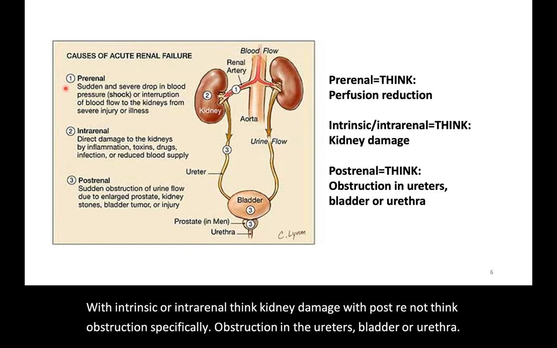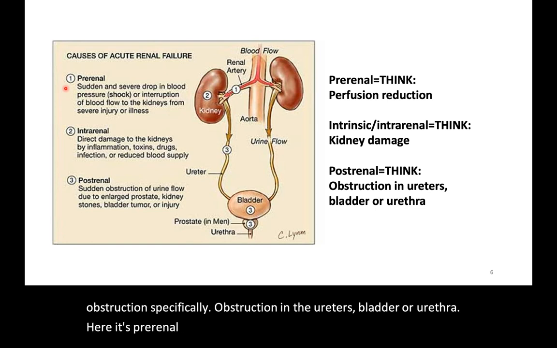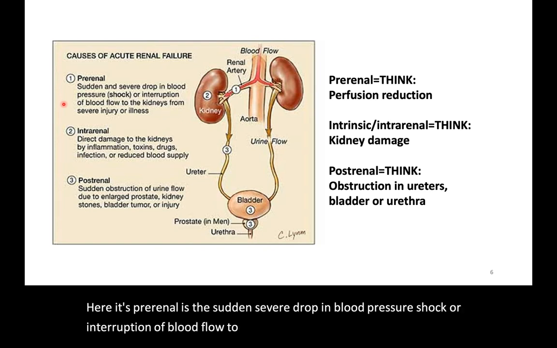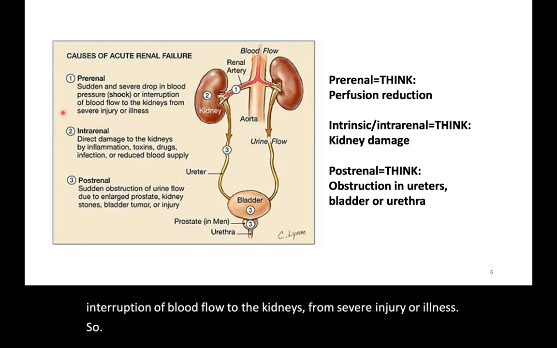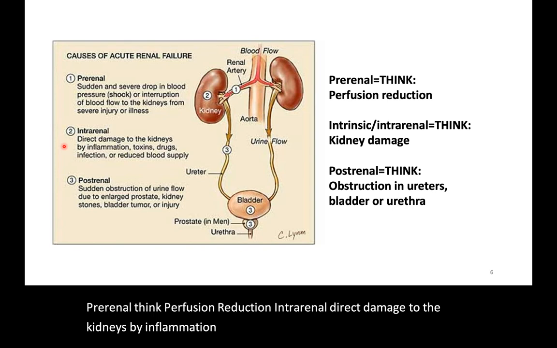Prerenal is the sudden and severe drop in blood pressure, shock, or interruption of blood flow to the kidneys from severe injury or illness. So, prerenal, think perfusion reduction. Intrarenal, direct damage to the kidneys by inflammation, toxins, drugs, infection, or reduced blood supply.